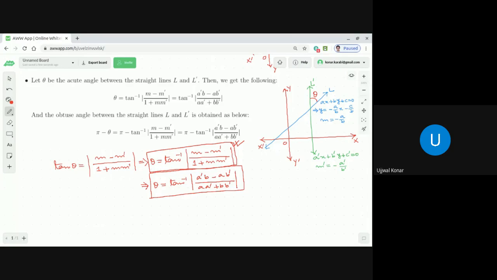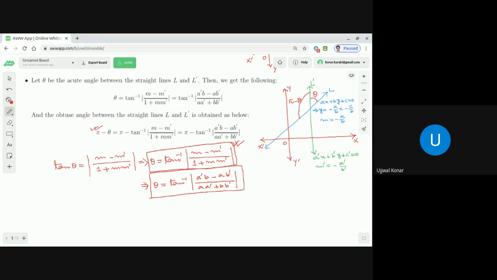Now dear students, as we found that acute angle theta, then what about the obtuse angle? Obtuse angle should be like this, that is pi minus theta. Correct or not? So obtuse angle is pi minus theta, and that's why we have written that obtuse angle is pi minus theta.